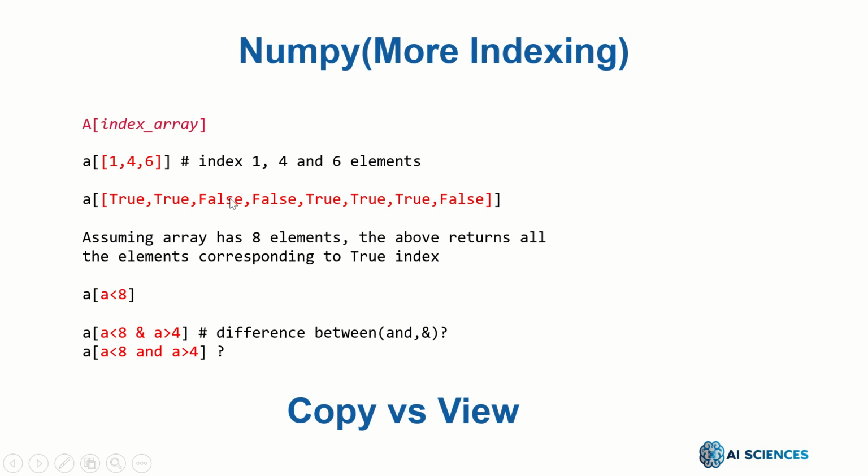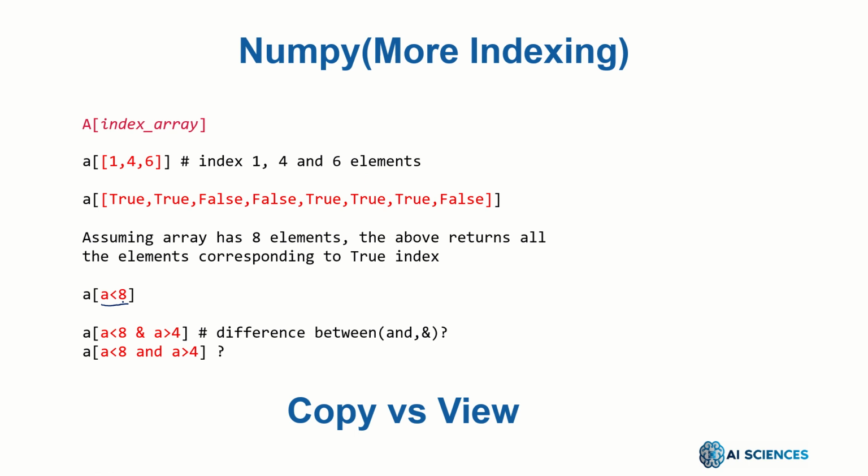Further, because Boolean arrays can be supplied, you can apply a lot of Boolean operations and access elements that way. For example, let's say A is an array, and you want to access all the elements that are smaller than 8. You first apply this operation, A < 8.